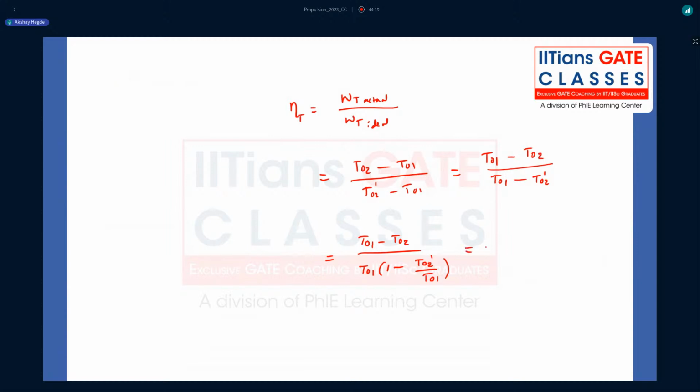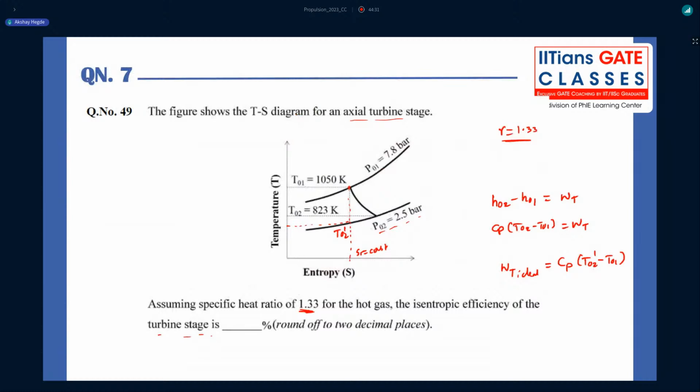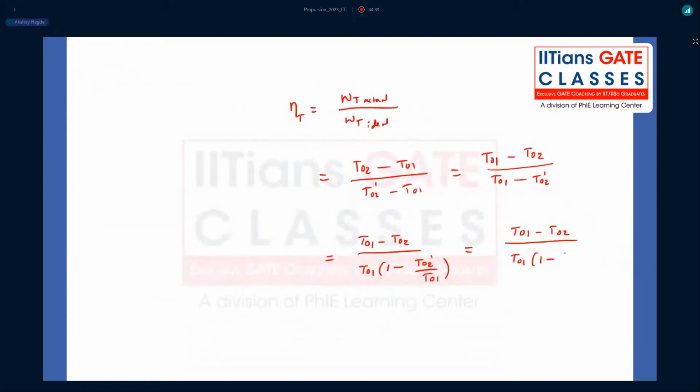So this one is going to be T01 minus T02 divided by T01 times 1 minus, and I can equally replace that with the pressure ratio P02 and P01. Note here, this pressure ratio is the actual pressure ratio. So I can write P02 divided by P01 to the power of gamma minus 1 by gamma.